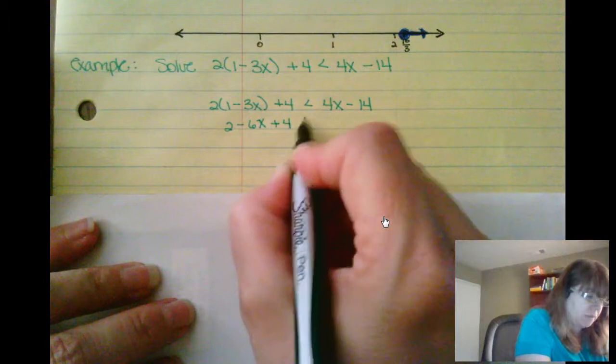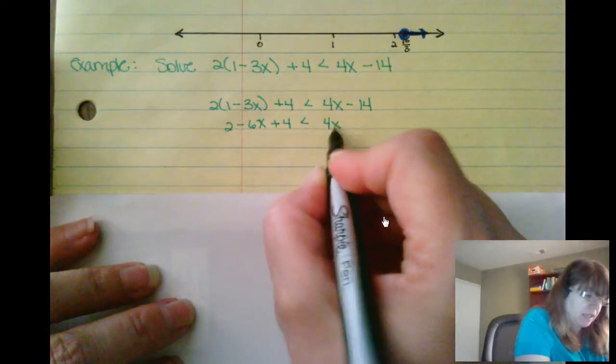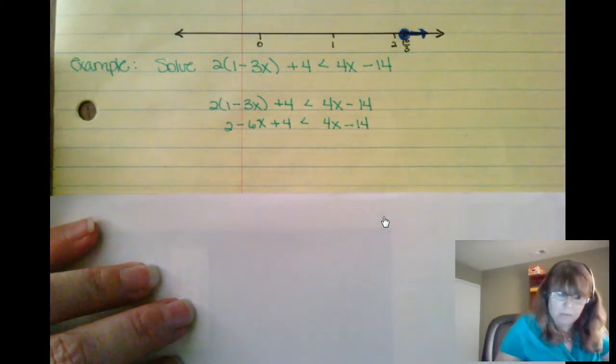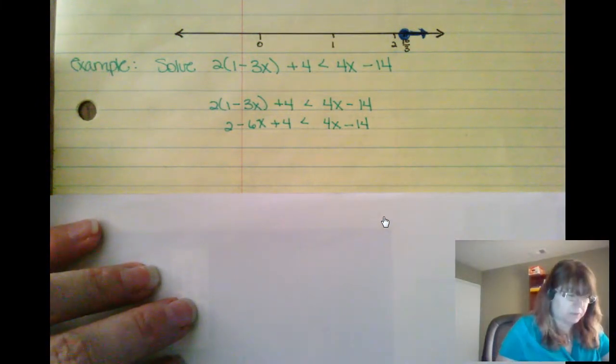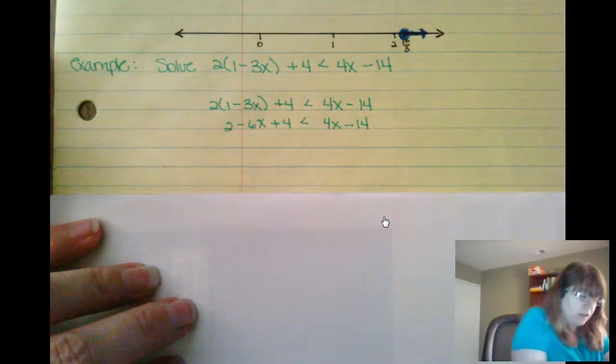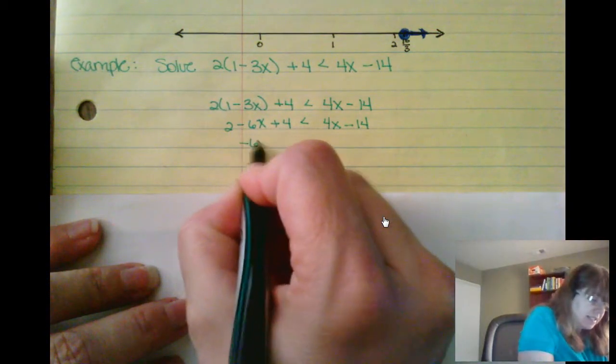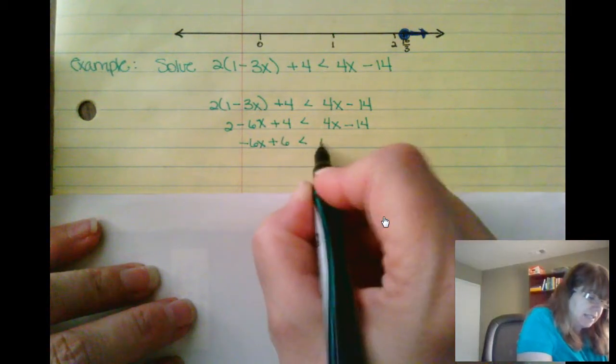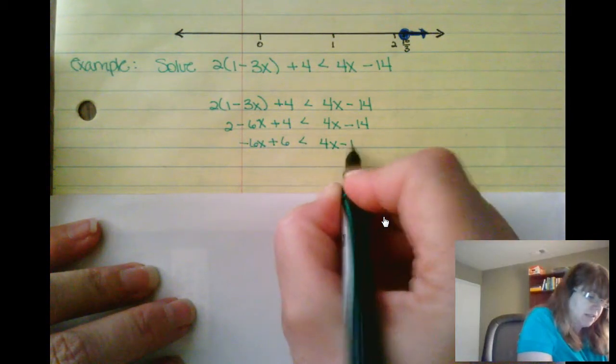I don't want to forget my plus 4. Is less than 4x minus 14. Now I'm going to combine like terms as best as I can right now. So I have a negative 6x, just to relieve some of the clutter, plus 6, is less than 4x minus 14.